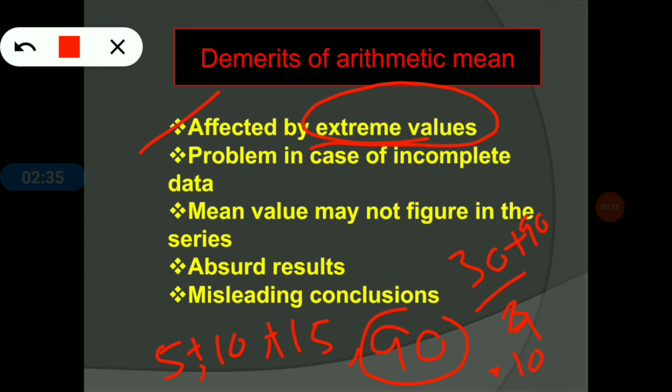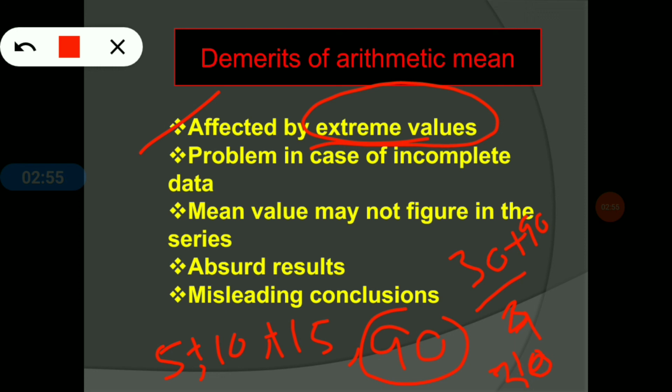So the arithmetic mean is 120 by 4, that is equal to 30. I think this is clear: when there is an extreme value, it affects the actual value of the arithmetic mean.